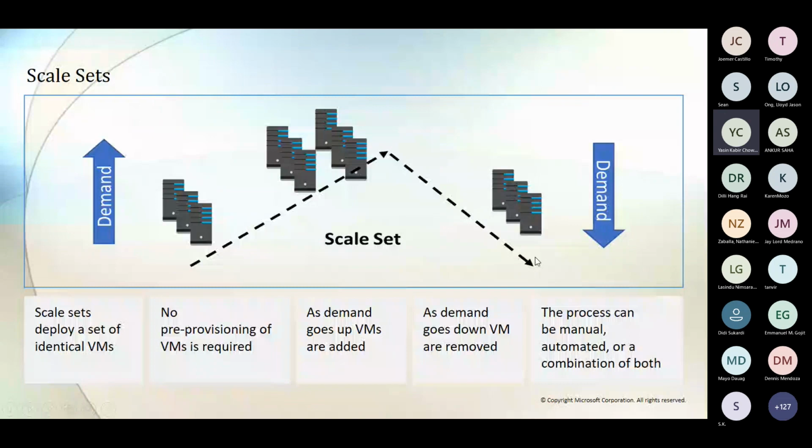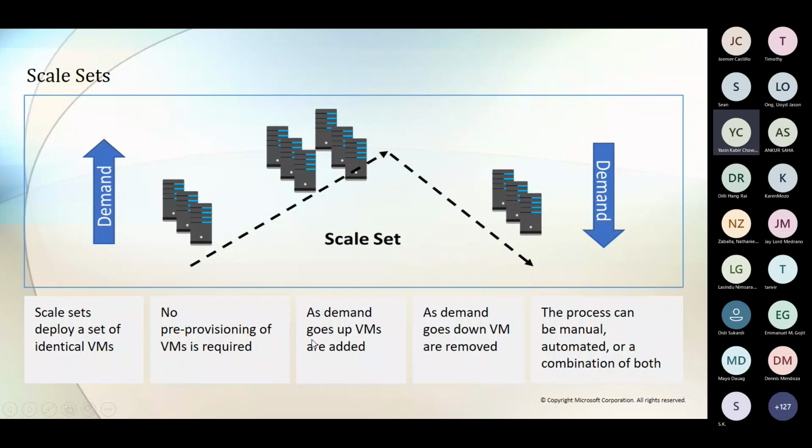So these are scale sets. When demand goes up, the scale set goes up; when demand goes down, it goes down. Scale sets deploy sets of identical VMs, so there are a lot of VMs. No pre-provisioning of VMs is required, so you don't need to say you need this VM or that VM.